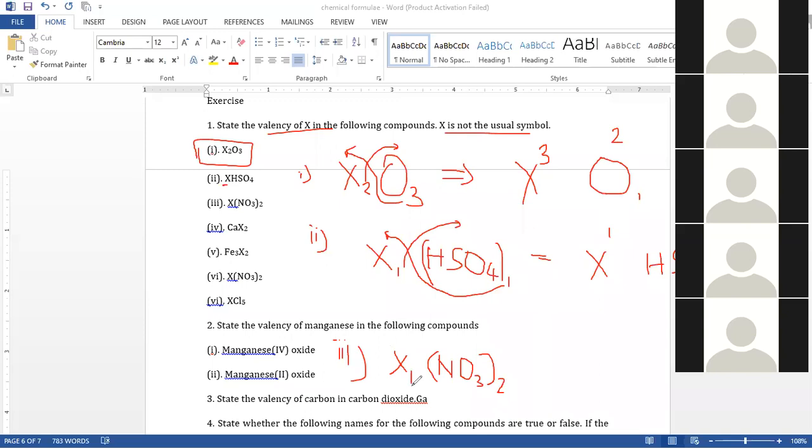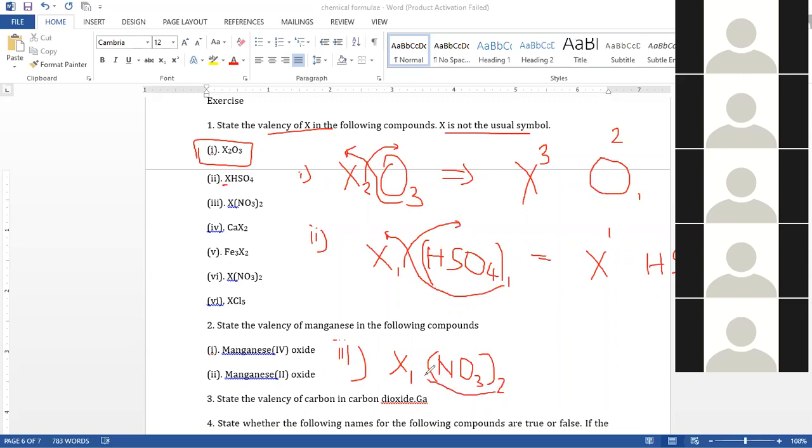Since we are determining valencies, we do the reverse. With time, when you understand these things, you don't need to show the procedure. You can do it using a pencil, then you just write the final answer. These steps only help us to understand, and in exams you don't need them. When they say state the valency, you can just tell us 1 or 2 if you remember very well.